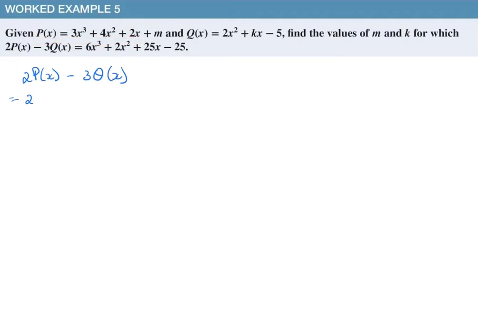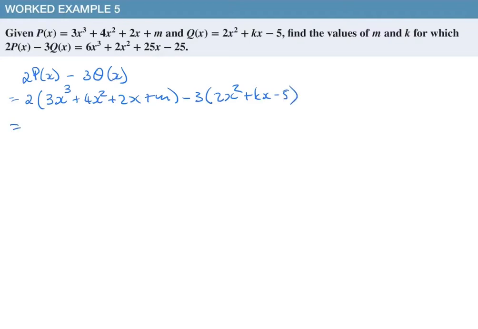So I'm just going to substitute that value in and say 2 times (3x cubed plus 4x squared plus 2x plus m), take away 3 times q(x). And q(x), I can see, is that. So I'm just going to substitute those values, which will be (2x squared plus kx minus 5).